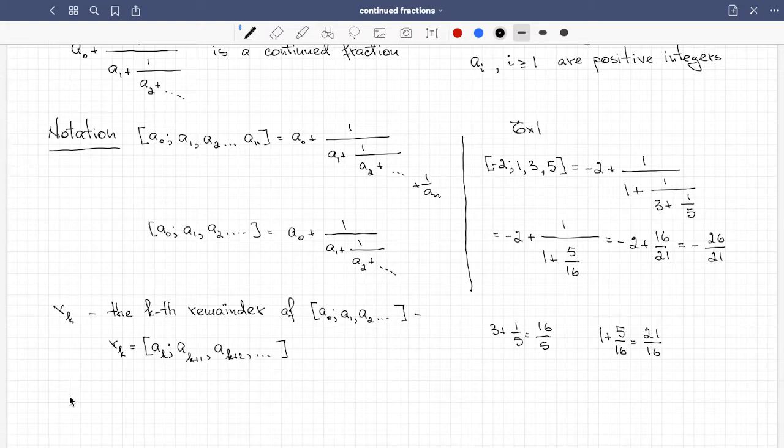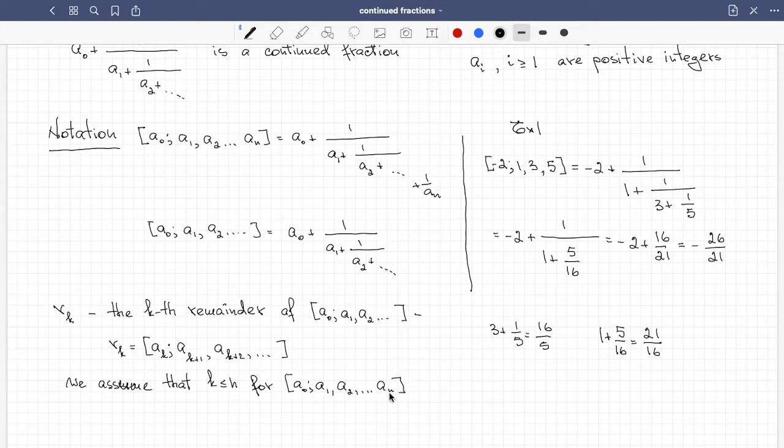We assume that k does not exceed n if we have the last term an, so for a0 semicolon a1, a2 up to an.